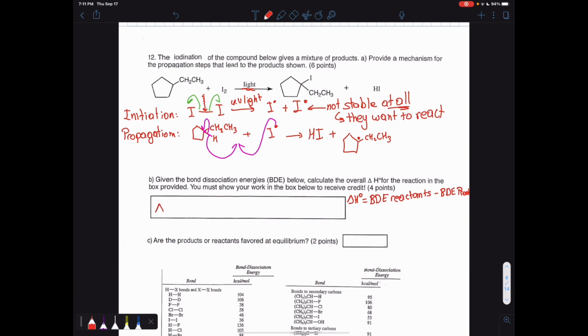So looking at the reactants, we know that the first step what happened is that we lost this hydrogen right here, right? So this is a tertiary hydrogen. We lost this tertiary hydrogen and we formed the radical as one step of the propagation.